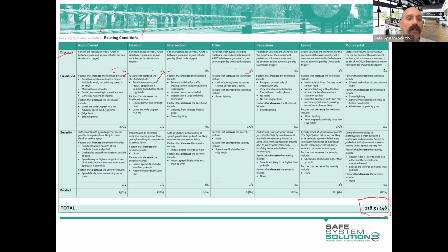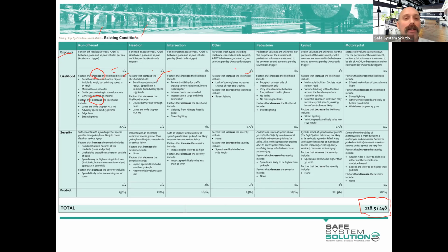The likelihood. This is the part that I really want to highlight in this one example. Factors that increase the risk, factors that decrease the risk, and you dot point these out. Things that make you want to make that score go higher, or things that make you want to make that score go lower.